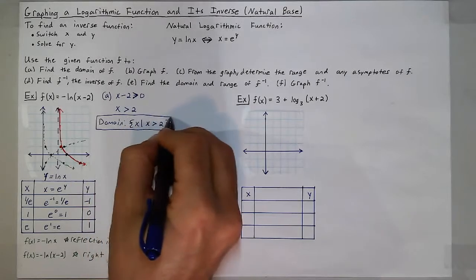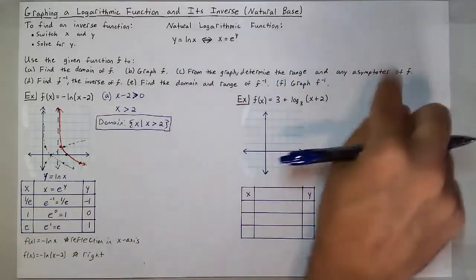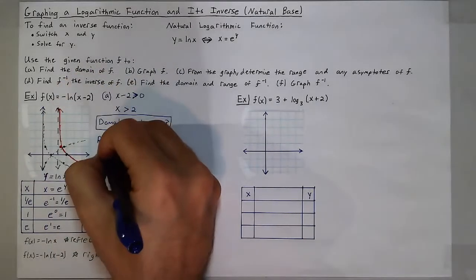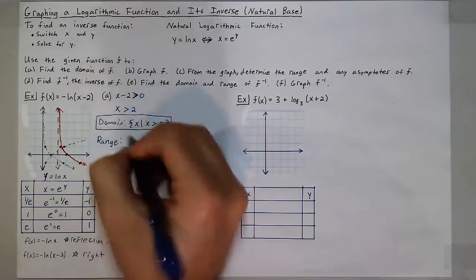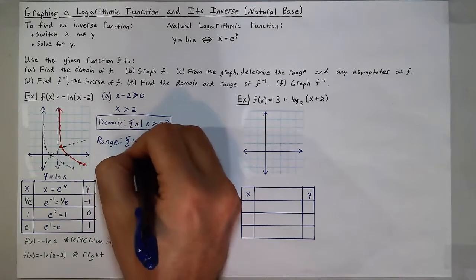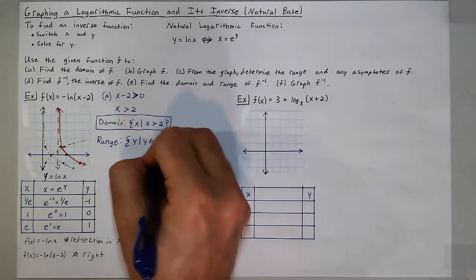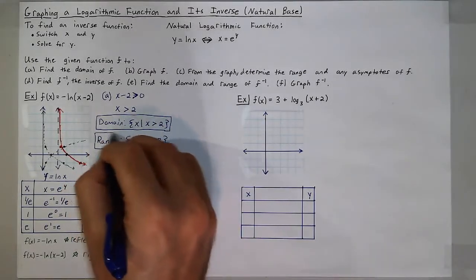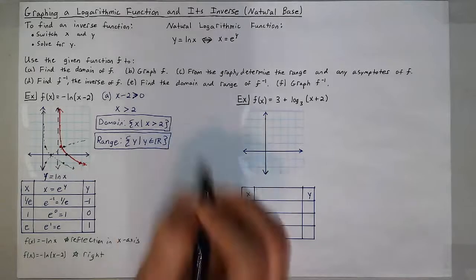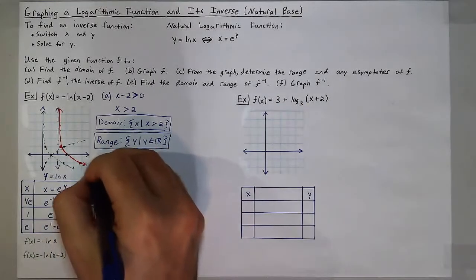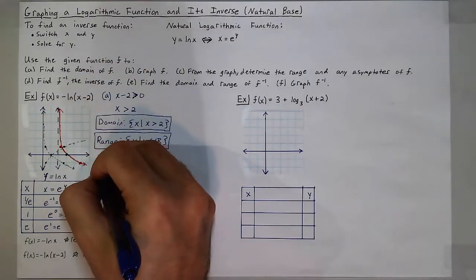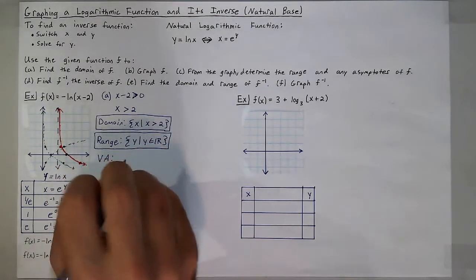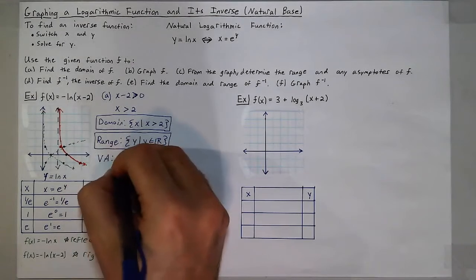Now I can point out its range and the asymptotes. So the range is all real numbers. So it's the set of numbers y such that y is in the real numbers. And the asymptote, I have one vertical asymptote at x equals 2.